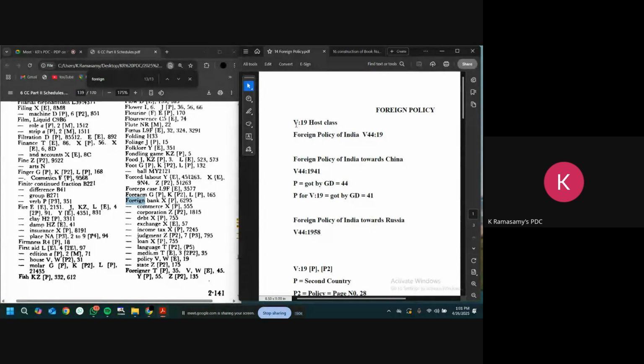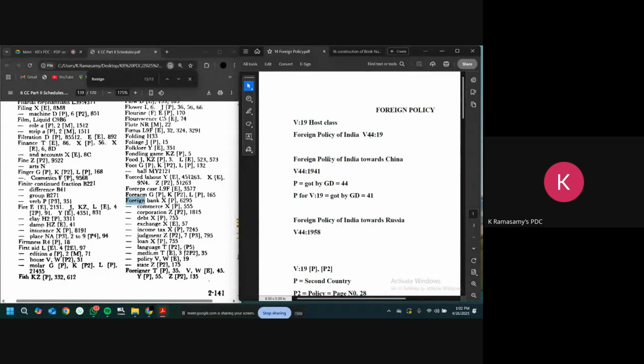V/W:19, so V:19 is the number for foreign policy. Ranganathan says if you want to construct a number for any country's foreign policy, it is very simple. Foreign policy of India is V:44:19. V is the main class, 44 is the space isolate, but in subject history it is used as personality. So V:44:19, very simple.